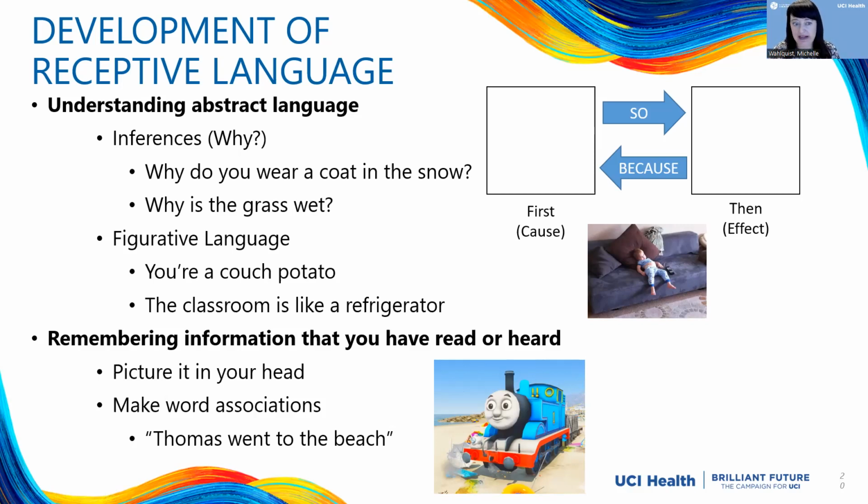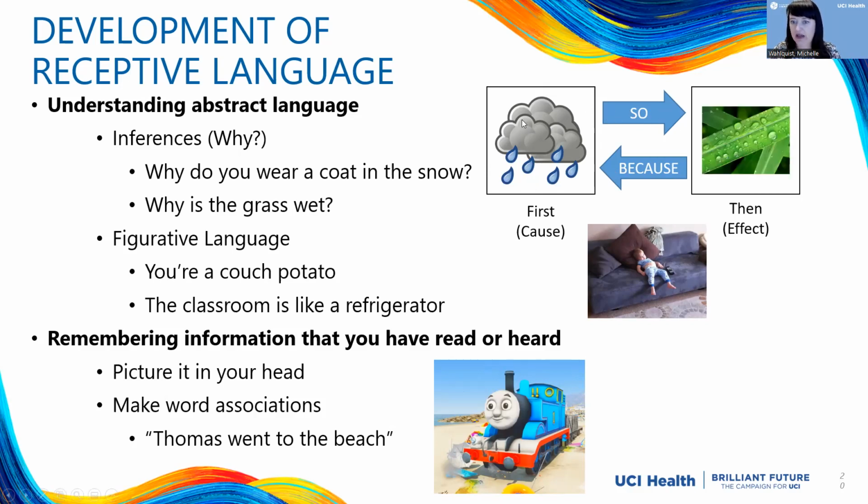So this is a visual way to teach this. You notice I have a box here with an arrow that says so, and a box here, and then the arrow goes this way and it says because. So the first thing happens, which is the cause. It's raining. And because of this, we go here and the grass is wet. So the cause is it's raining.